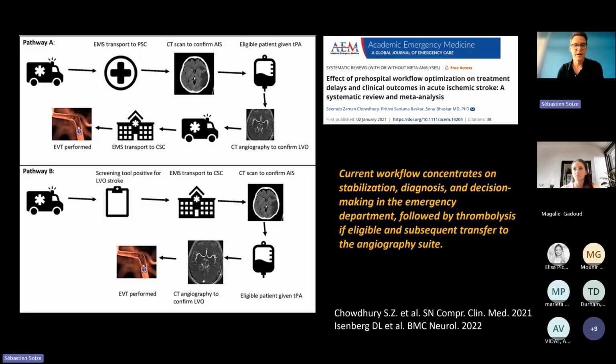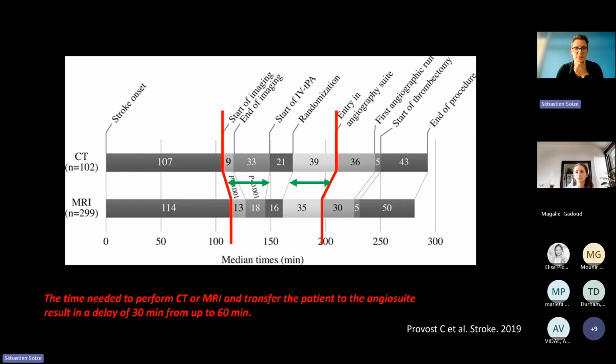So as you know, we all have a typical workflow, with the patients arriving at the emergency department, then going to CT or MR, then getting tenecteplase or alteplase, and then finally going to the Angio suite if necessary. This workflow has not changed for many, many years.